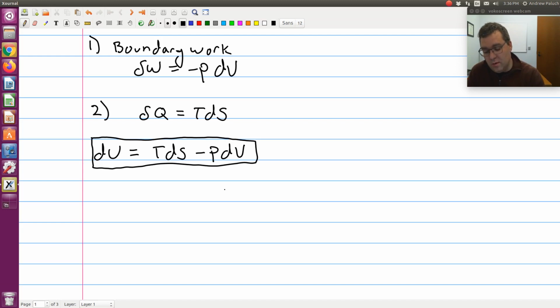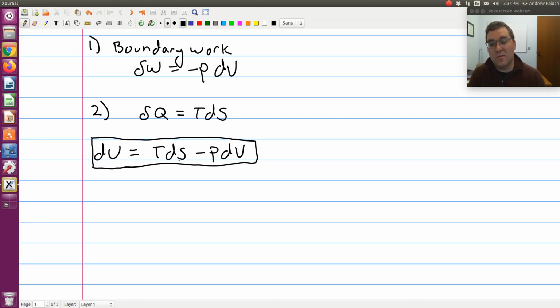Looking at this term, what's interesting now is I still have U on the left-hand side. U, my internal energy, is a state function. On the right-hand side, I have T, S, P, and V. So S and V, I have two state functions. So U, which is my dependent variable, has as natural independent variables S and V. Now I've rewritten or recast U as a function of S and V. So S and V are my independent variables.